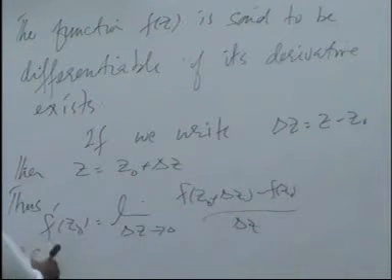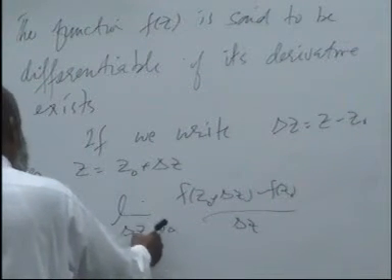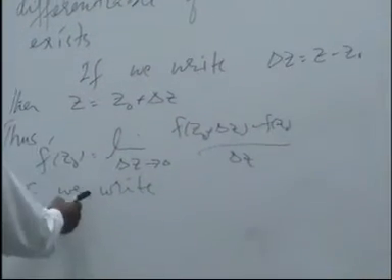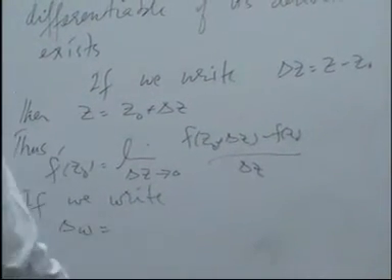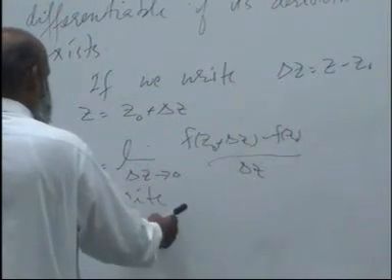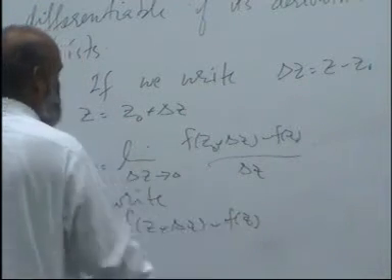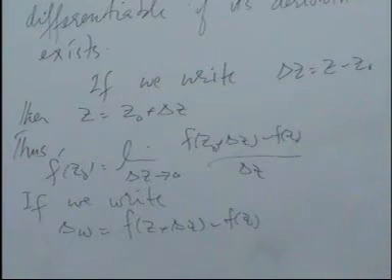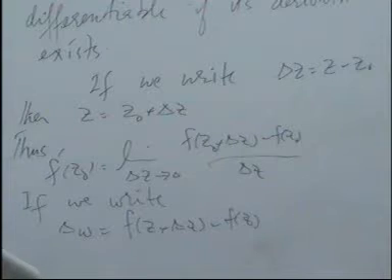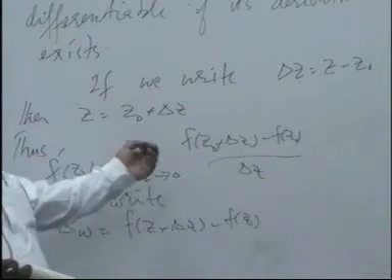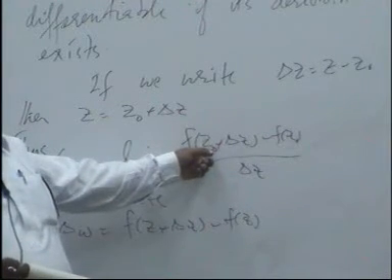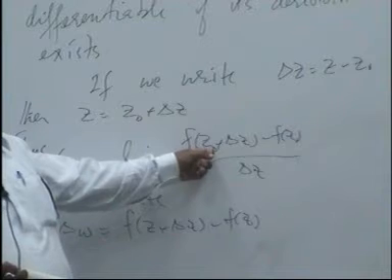Now if we write delta w as f of z plus delta z minus f of z, we are now considering any point instead of a particular point z naught.